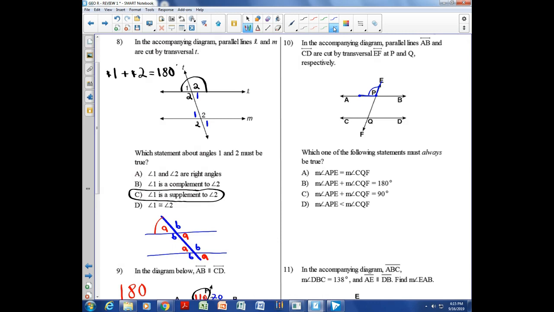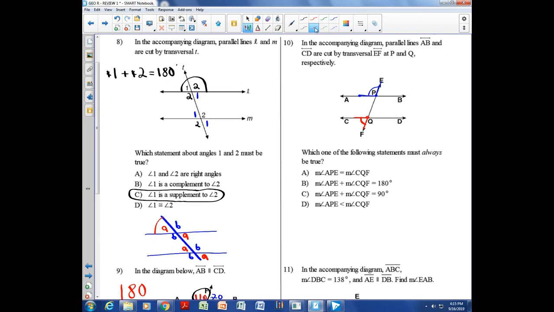And angle CQF would be an angle that goes from C to Q to F down here. If you just observe those, you might notice that angle APE is clearly obtuse, and angle CQF is clearly acute.